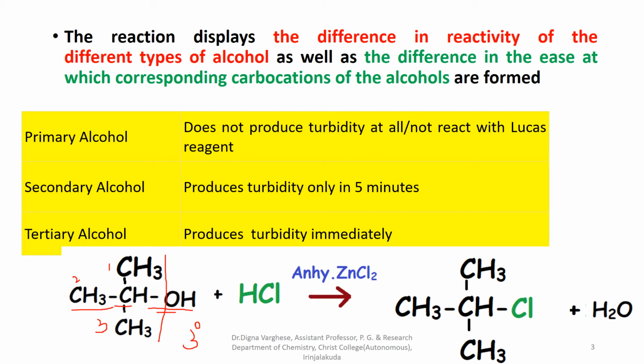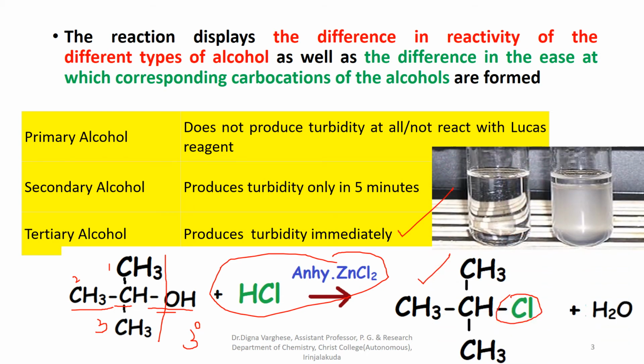Okay, it will react with Lucas reagent and produce a substitution product, that is 2-chloro-2-methylpropane. So the tertiary alcohol produces turbidity immediately. Within seconds, it will give the product, or it will give the solution turbidity immediately.